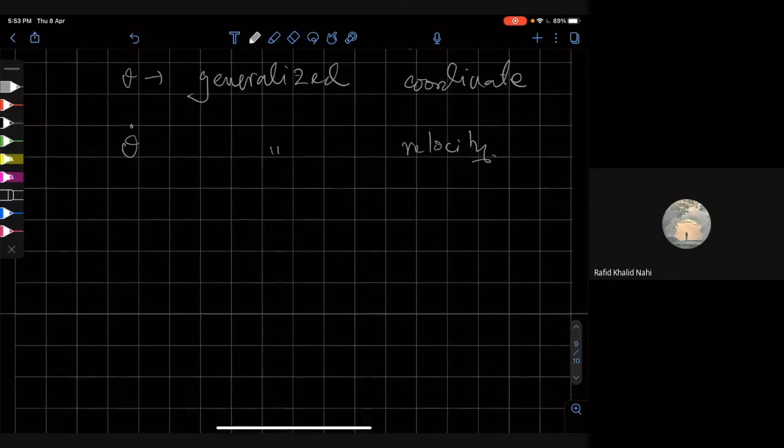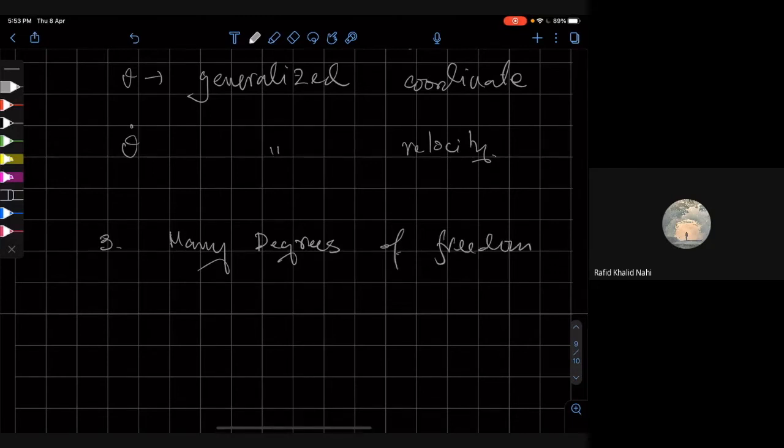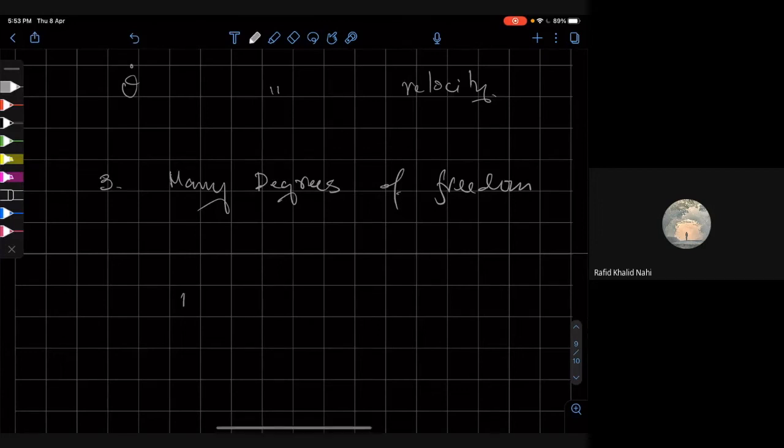Okay, so comment number 3 is that it's easy to generalize to many degrees of freedom. For many degrees of freedom, with the derivation that I just gave, the Lagrangian is just given by a sum over all the particles or degrees of freedom.